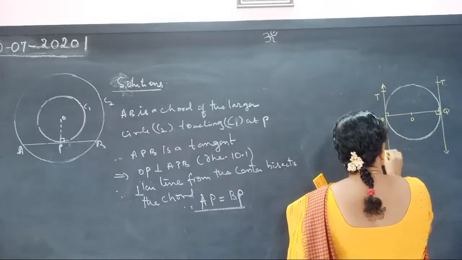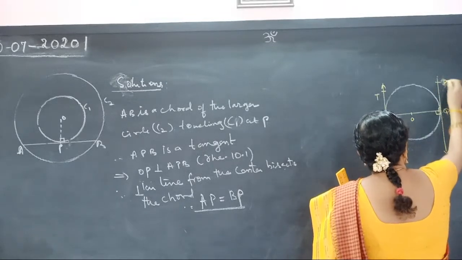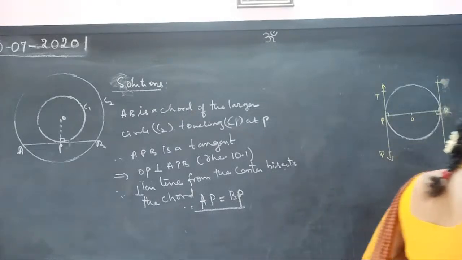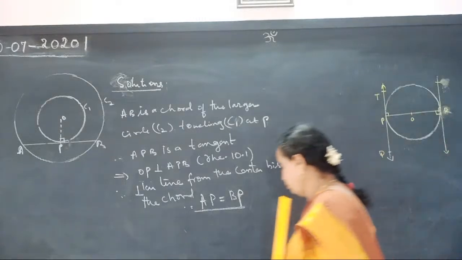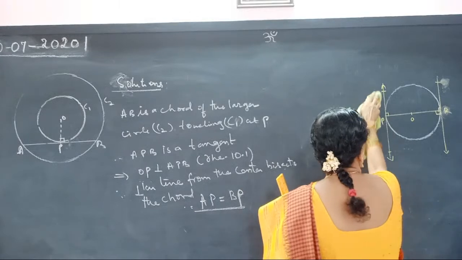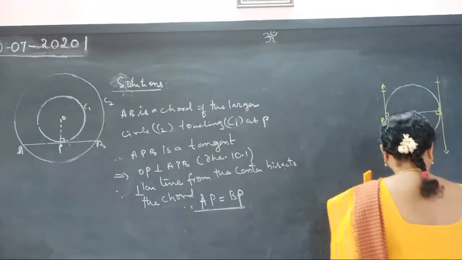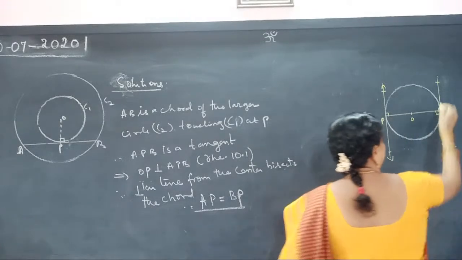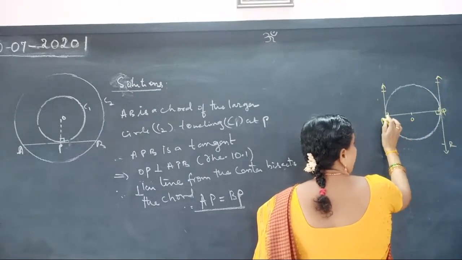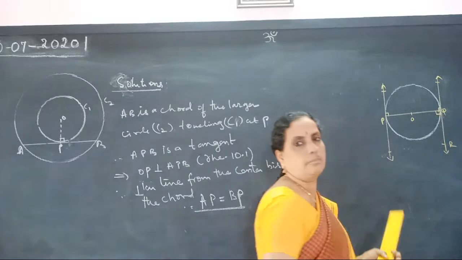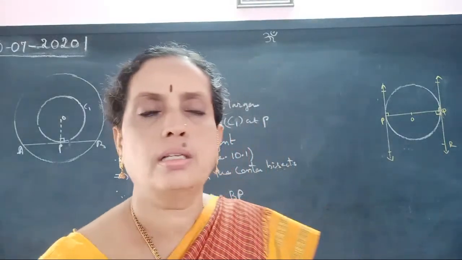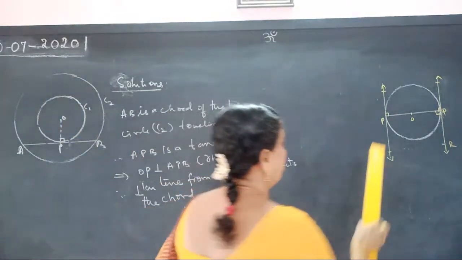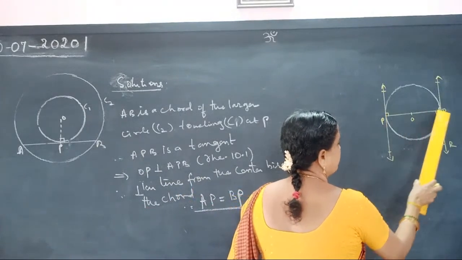These form alternate interior angles. When the alternate interior angles are equal, the lines must be parallel. If drawn the other way, they are co-interior angles.